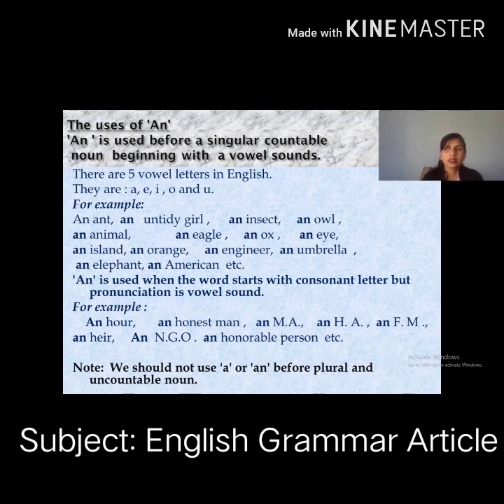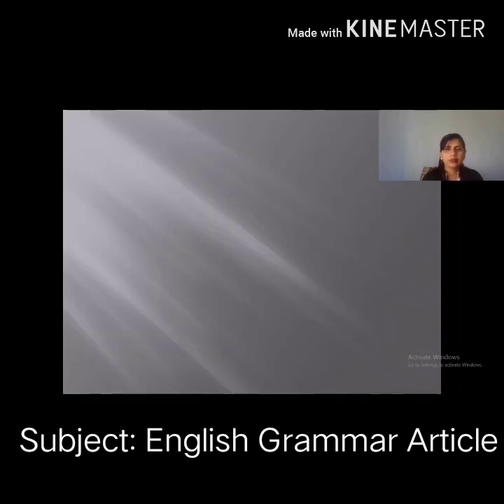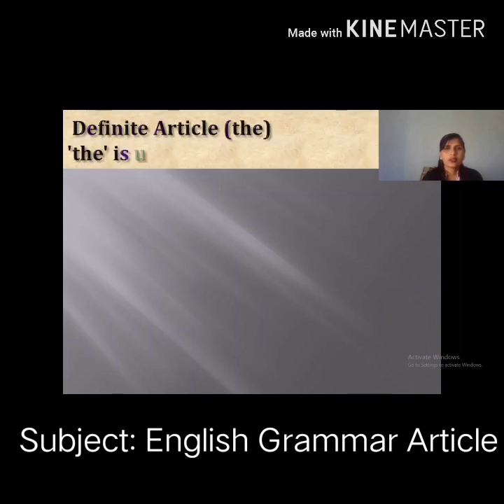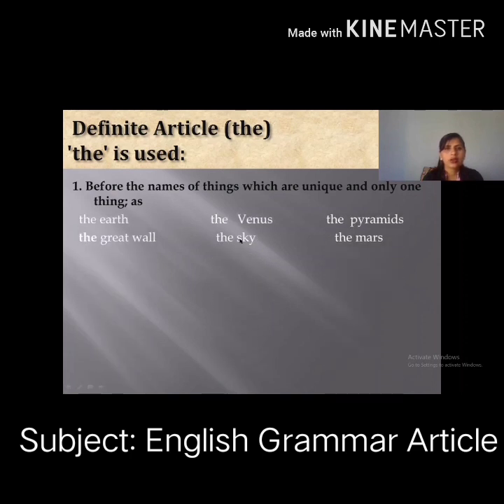Let's start the use of the definite article the. The is used before the names of things which are unique and only one. For example, the earth, the Venus, the pyramid, the Great Wall, the sky, the Mars. Some of these given words are unique and some are only one in the world.